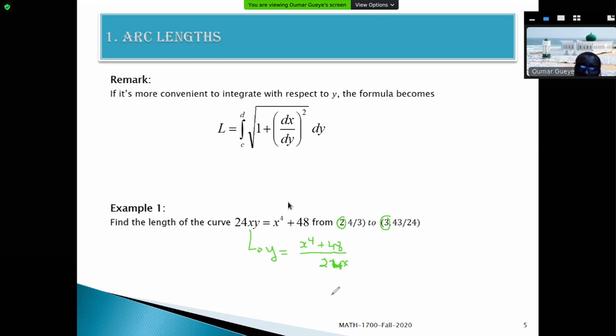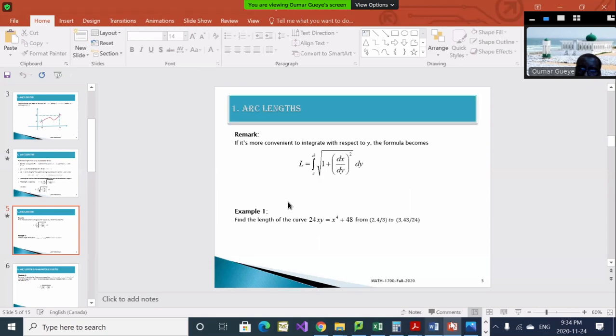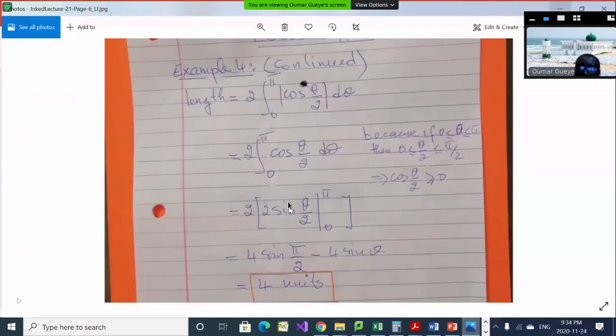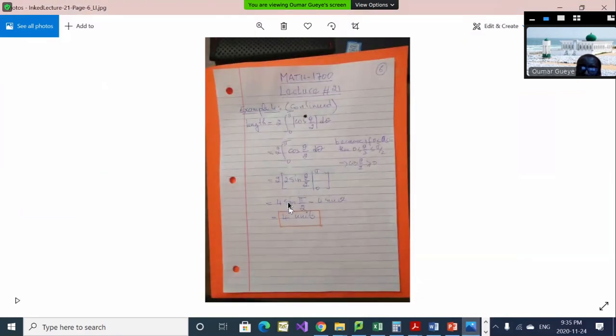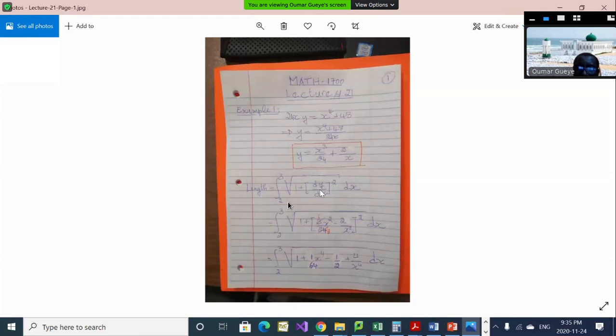All right, now let's see how to solve it. So here is our example.